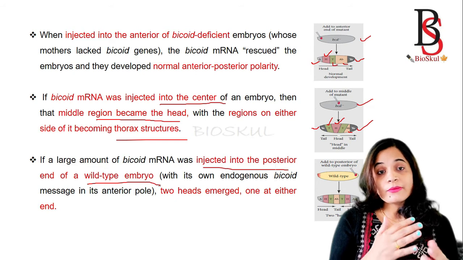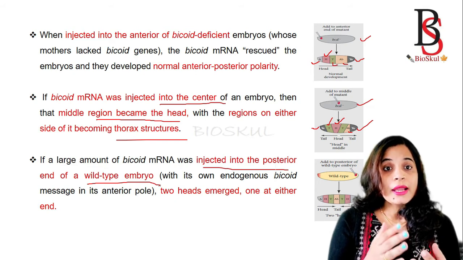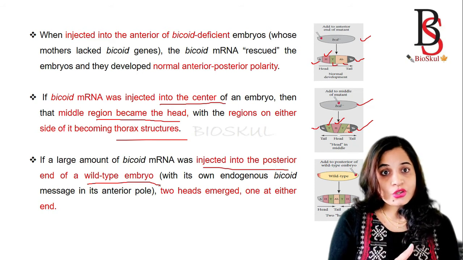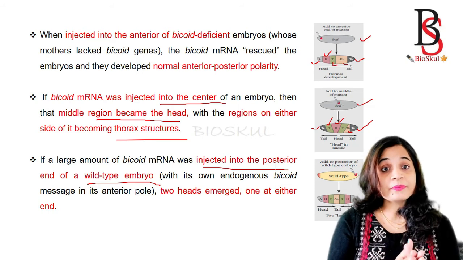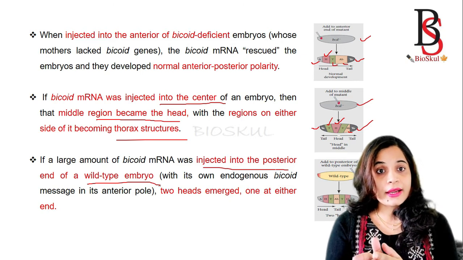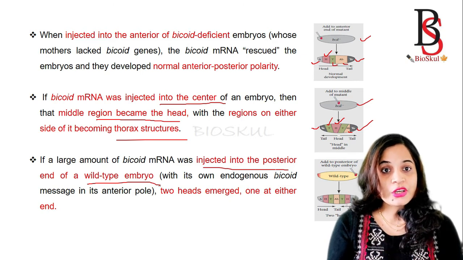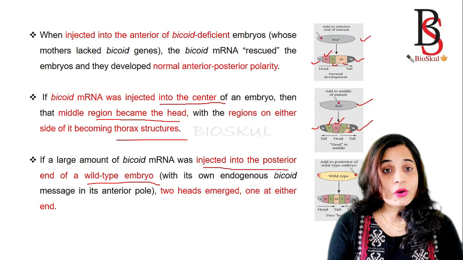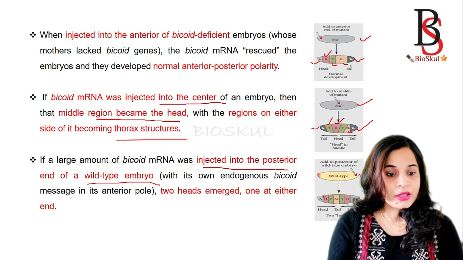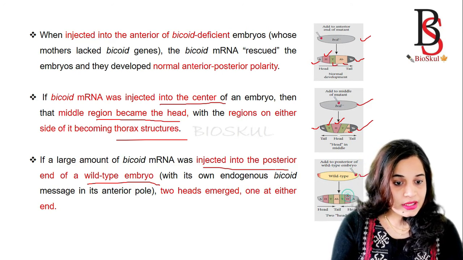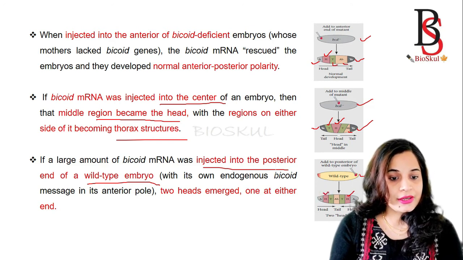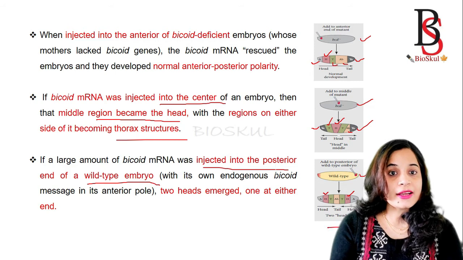We know that bicoid mRNA is the head morphogen, so it will develop a head in the posterior end, so the embryo will have two heads, one at the anterior end and one at the posterior end. Let's see. Here the bicoid is injected into the posterior end of the wild type embryo, so it develops the head at the posterior end as well as at the anterior end. So two heads are formed.